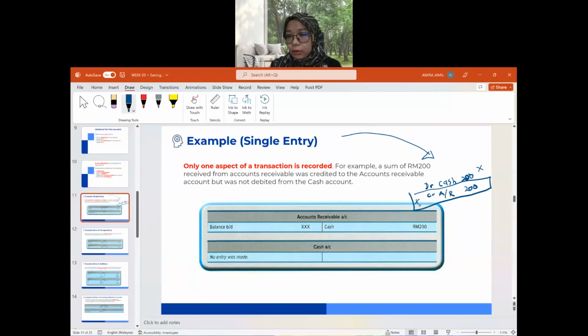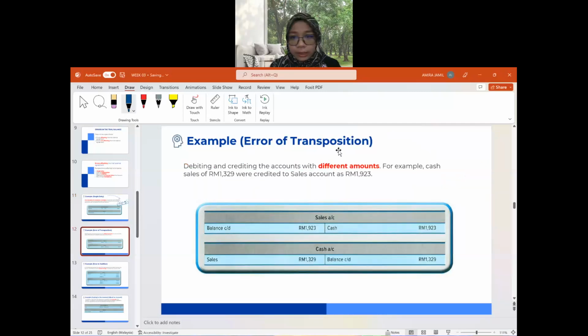The second error is the error of transposition, meaning you key in a different amount. For example, the cash sale is 1329, but you record it as 1923.